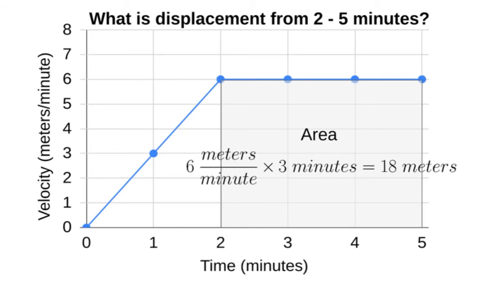That means that it's uniform motion, and we can find the area from 2 to 5 minutes by just finding the area of this rectangle, which is just the base times the height. In this case, 6 meters per minute times 3 minutes, or 18 meters of total displacement. And that leaves, of course, the triangular piece here, which is non-uniform motion, that we're going to talk about in a second.